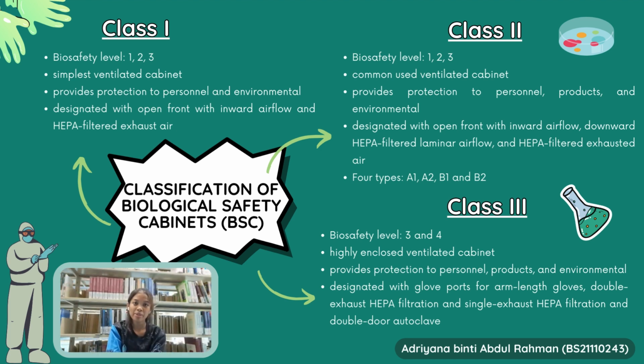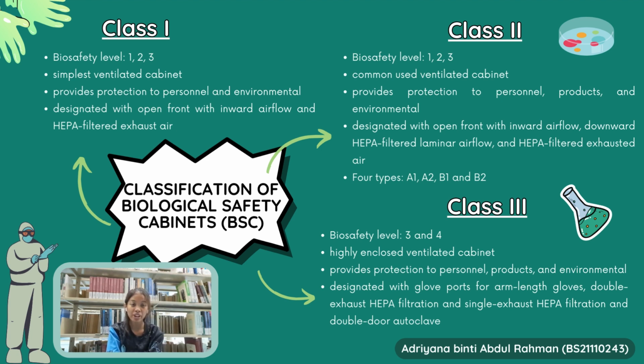Next, Class 2 BSC is known for being the commonly used ventilated cabinet in laboratories due to the advancement that it offers, as it can protect the products instead of only the personnel and the environment. Similar to Class 1, it is used when the containment procedures from biosafety level 1, 2, and 3 are needed.